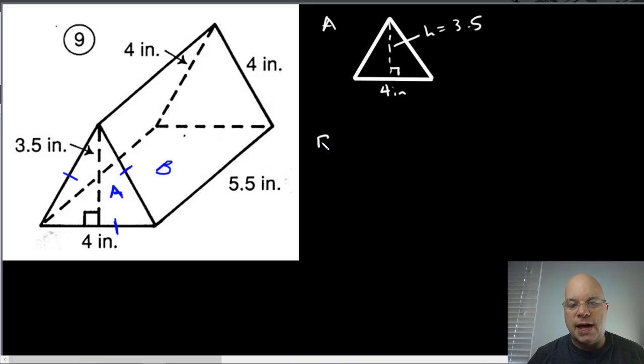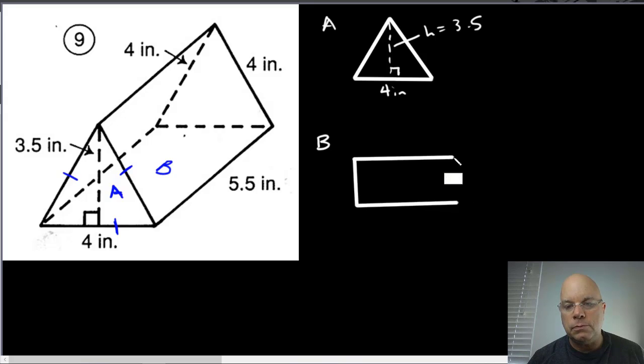And then we have this rectangular face B, which you can look at any one of them, but in any case they're 4 inches by 5.5 inches. For any rectangle, you don't need to write the equation. It's base times height. So you can just multiply 4 times 5.5 and you'll get 22 for this area.